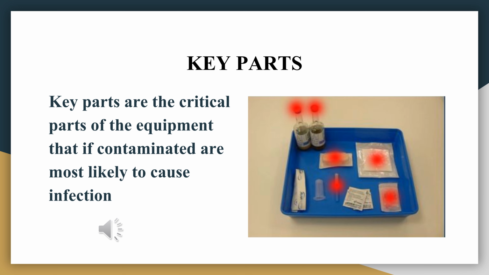Let's see some examples. This is the syringe that we are using daily, and the area which is spotted as red is the key part here, the tip of the syringe. Here is the needle. Here you can clearly see which is the key part, that is the hub and the bevel of the needle, which is spotted as red.